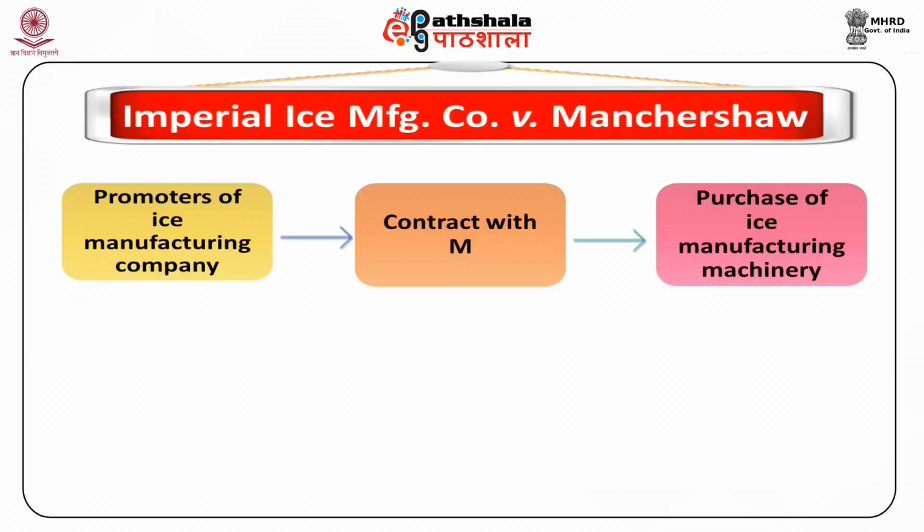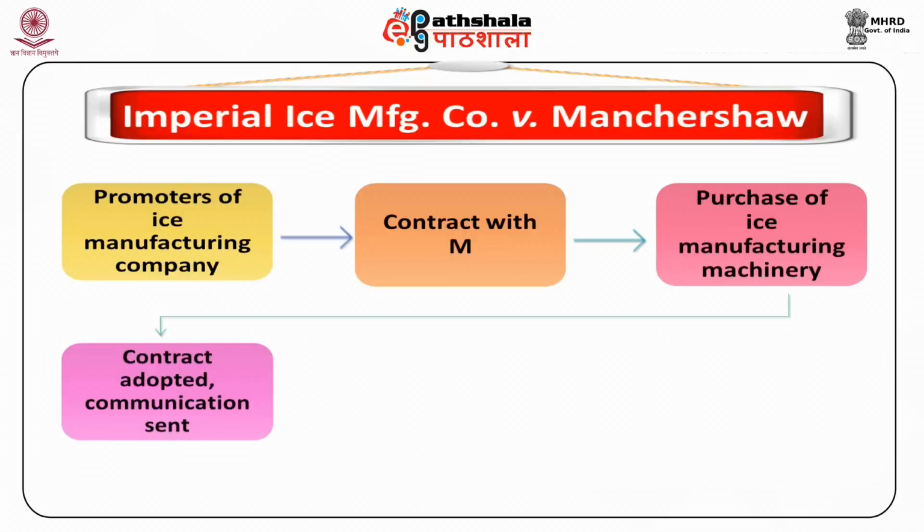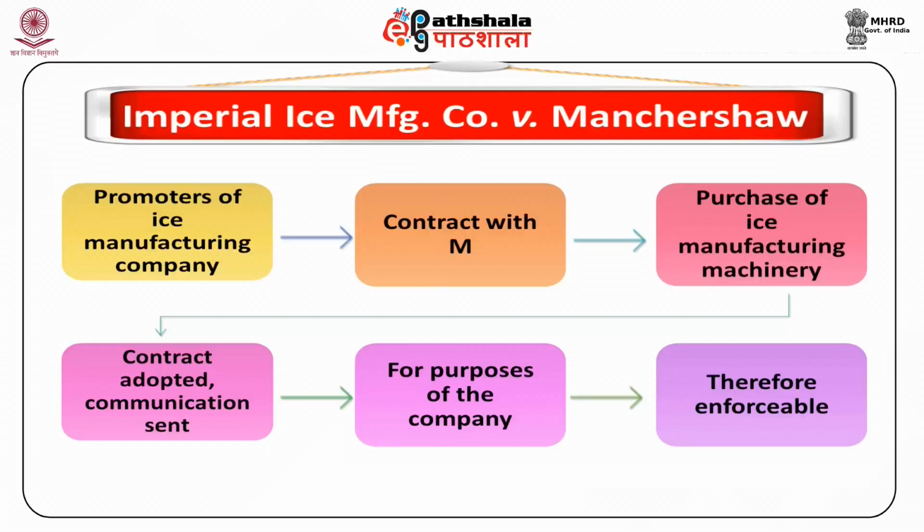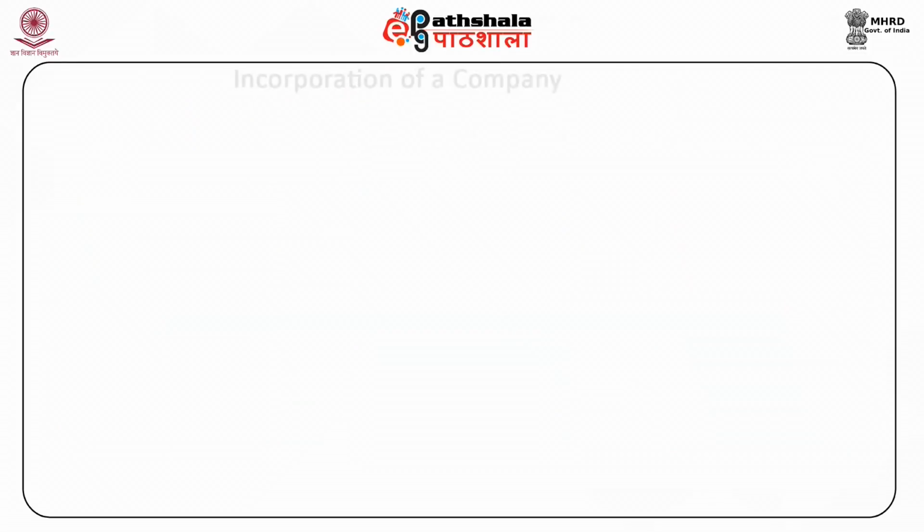The company on its formation subsequently adopted the contract and sent the communication of acceptance to Mr. M. Held, the contract was for the purpose of the company and was therefore enforceable by or against the company. We will now discuss incorporation of a company.